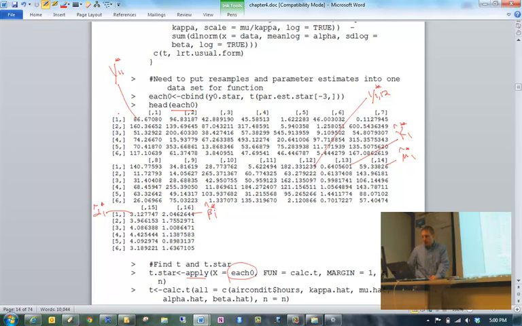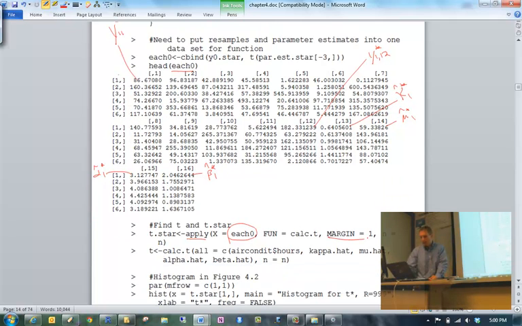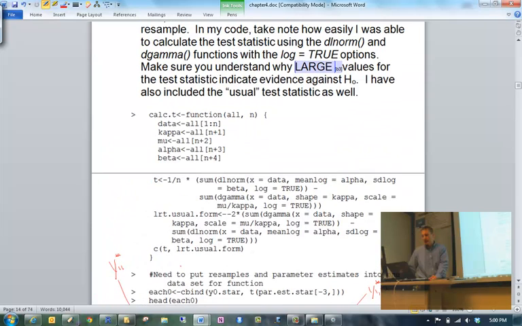So for every row, let's say margin equal 1, I'm going to apply calc.t, also passing the sample size. So that in calc.t, I have something called alt. This corresponds to every row of my each zero. The first n rows, of course, are the data, so I put that into data.